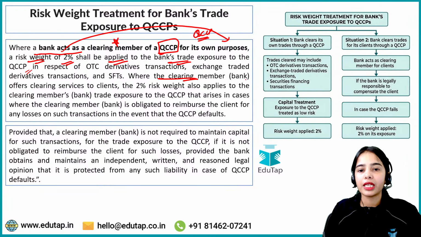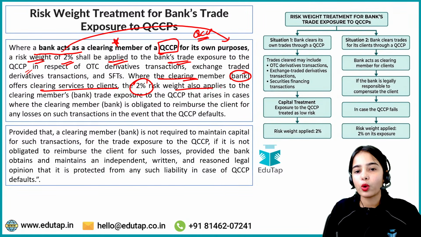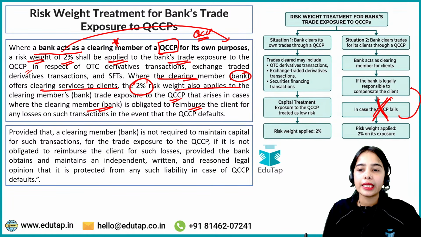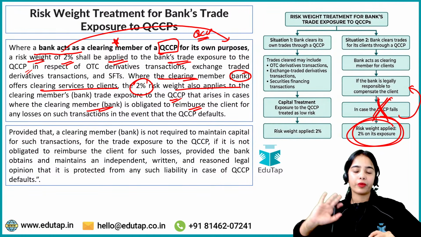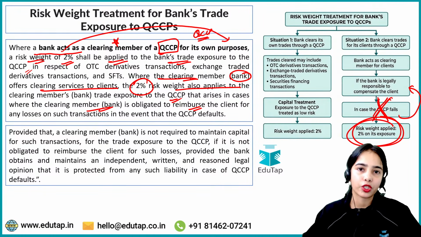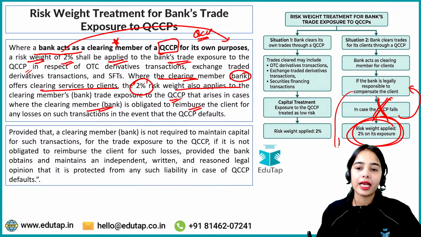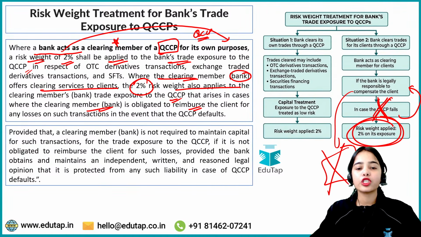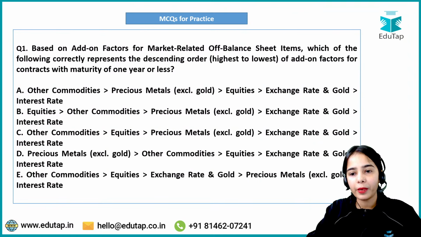Where the clearing member, that is the bank, offers clearing services to its client, a 2% risk weight also applies to the bank even though there is a qualified central counterparty, because the bank is obligated to reimburse the client if the qualified central counterparty fails. That's why capital has to be maintained against this 2% risk weight. But if the bank has legally agreed not to pay the client, then there is no capital, no risk weight, okay? That is the idea.